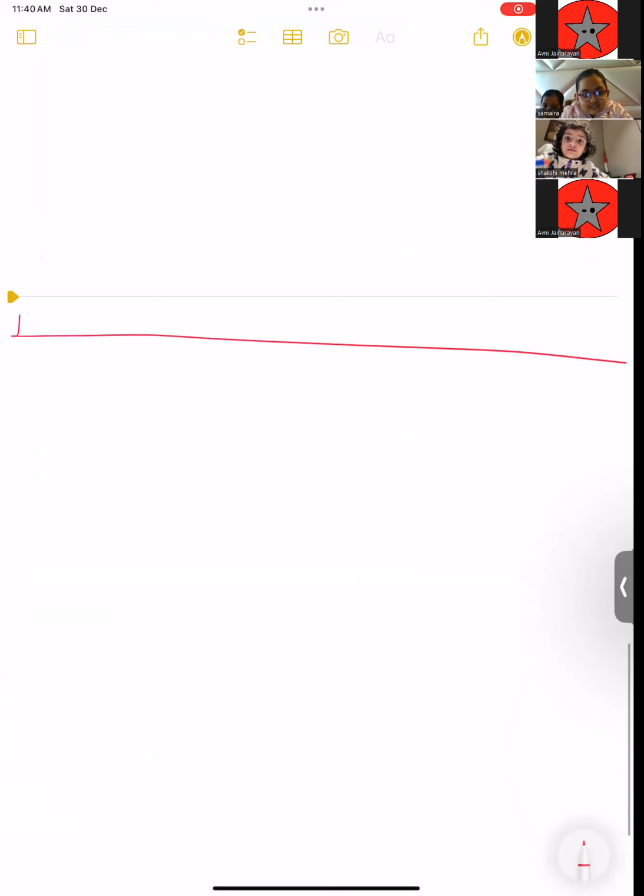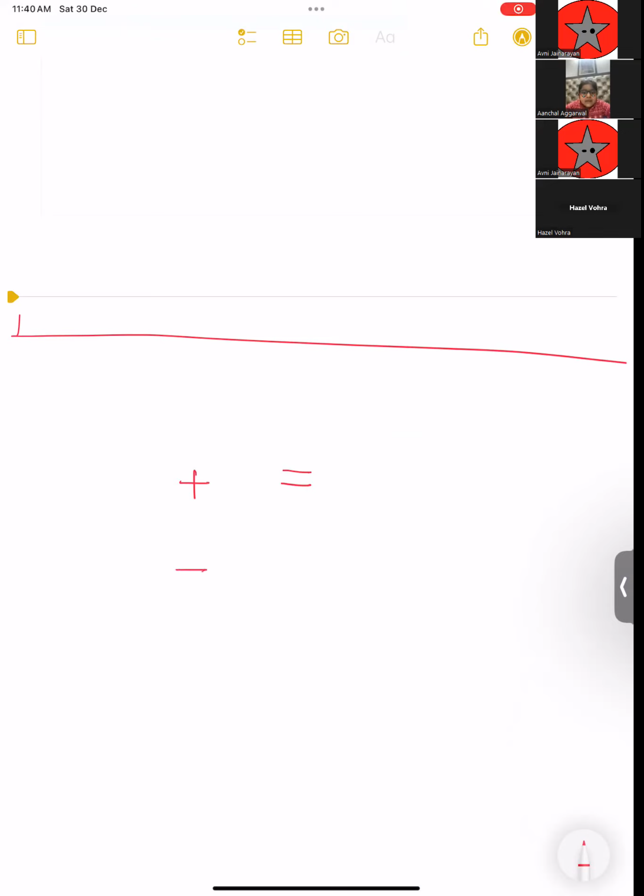I want everyone to understand this is an algebraic concept. The basic algebra that anyone should understand, kids who are 7 years and above. Which symbol is this? Equal to. Okay, and this? Plus. This?